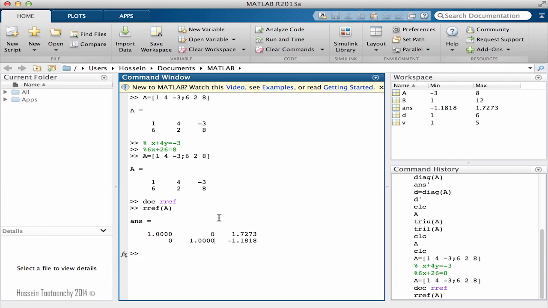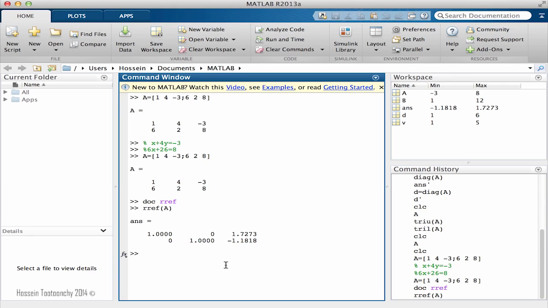If you imagine a line separating these two, the 2 by 2 is a diagonal matrix with 1 on the diagonal parts and some results. And the way that you can read it is x equals 1.727 and y equals -1.1818. How easy it was. Just by typing one function, we were able to solve the equations.